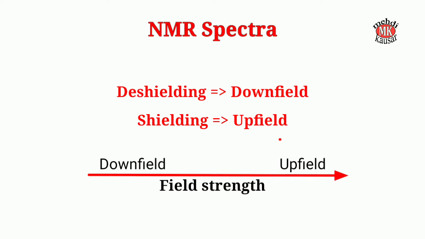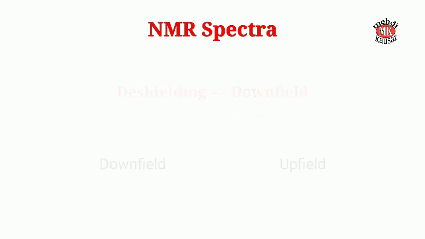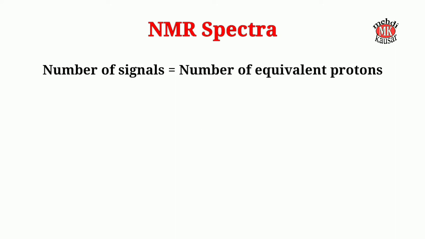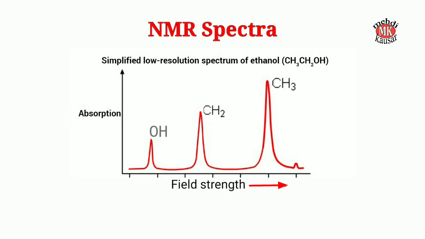Also, the number of NMR signals is equal to the number of different types of protons. For example, in the case of ethanol, we have 3 groups of protons, so we will get 3 signals in the NMR spectra of ethanol in low resolution, as shown in this figure.